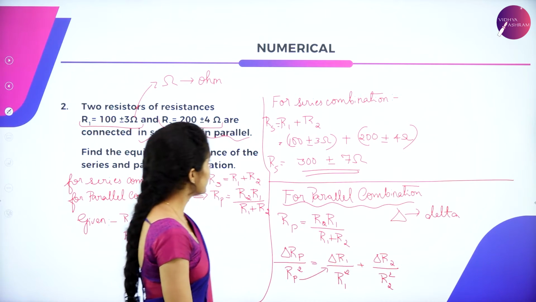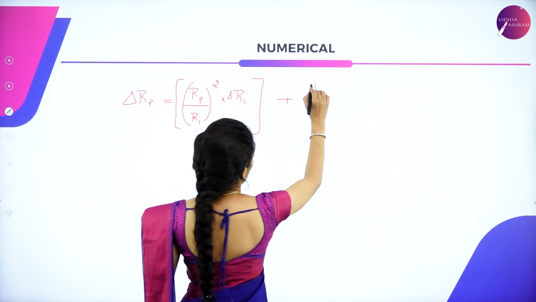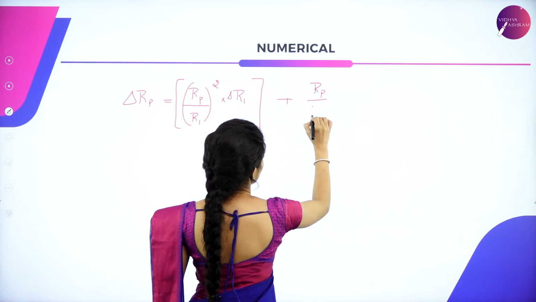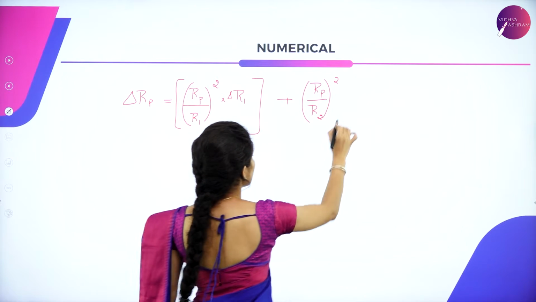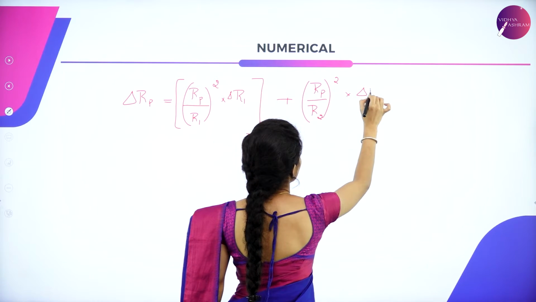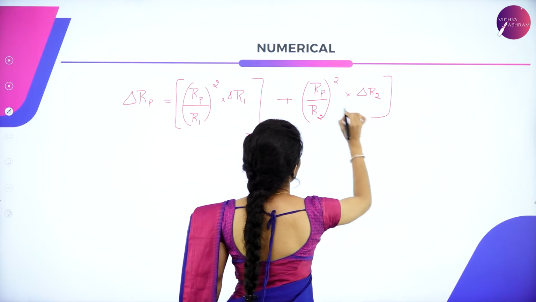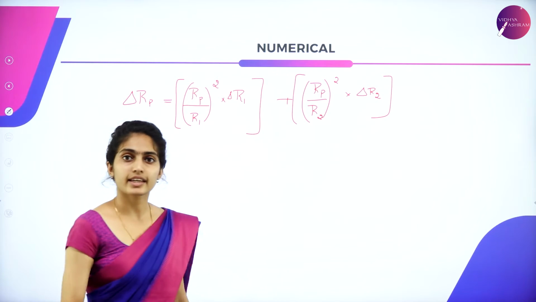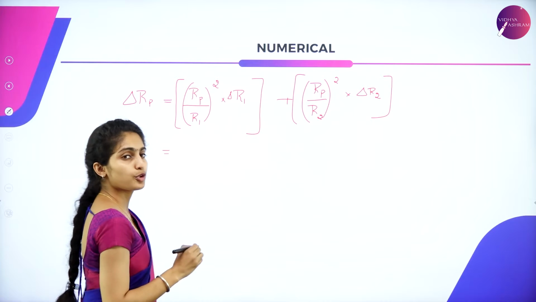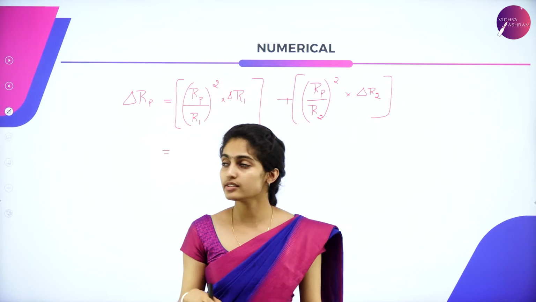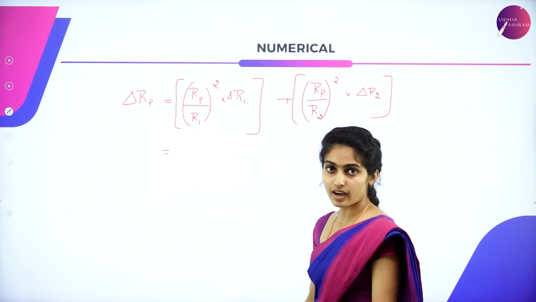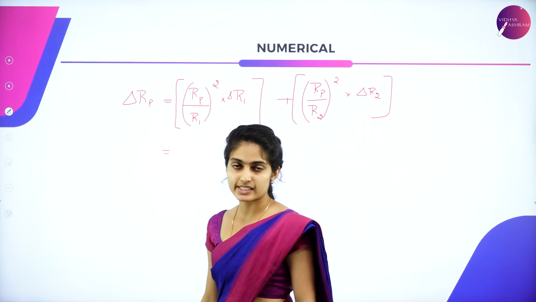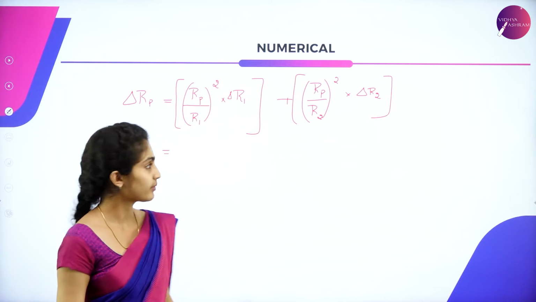Similarly, it goes with Rp divided by R2, both whole square, into delta R2. So this is the second term. On substituting, let us see what we are getting.